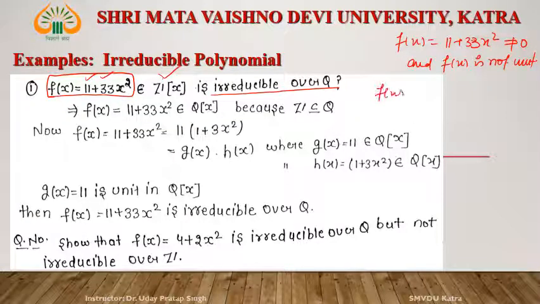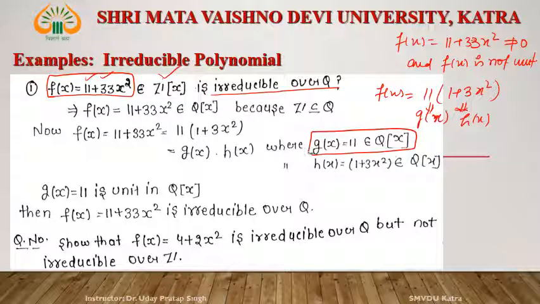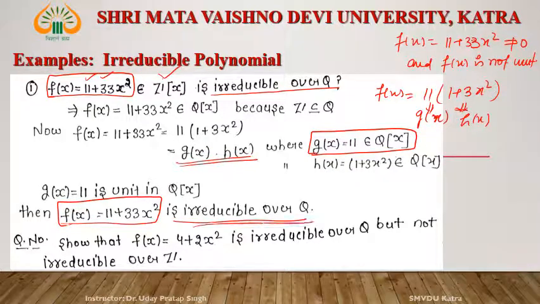So f(x) is equal to 11 times (1 plus 3x square). This 11 we call g(x) and 1 plus 3x square we call h(x). What is g(x)? g(x) is a unit. Why? Since 11 inverse exists in Q. So g(x) is a unit. So by definition of irreducible polynomial, f(x), which is the product of g(x) and h(x), is an irreducible polynomial.